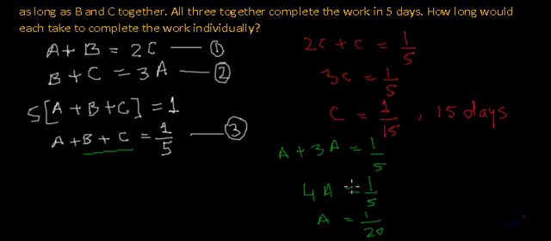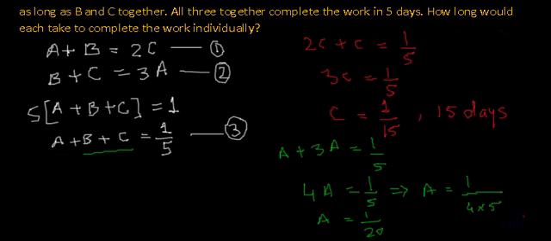If we divide both sides by 4, we will get A on the left hand side, and the right hand side will become 1 by 4 multiplied by 5, and 4 5s are 20. So A is equal to 1 by 20. That means the working capacity of A is 1 by 20.